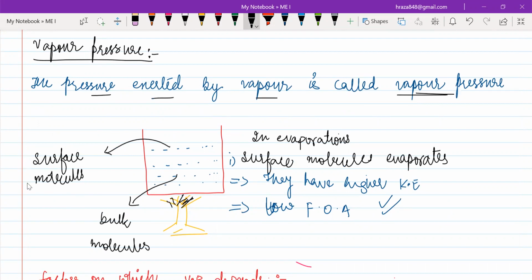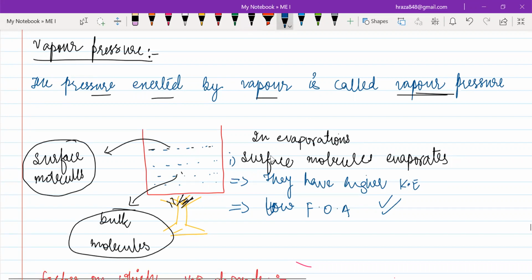There are two types of molecules: surface molecules which are present on the surface, and bulk molecules which are present below the surface. Of these two types, only the surface molecules evaporate, because they have higher kinetic energy and lower force of attraction.